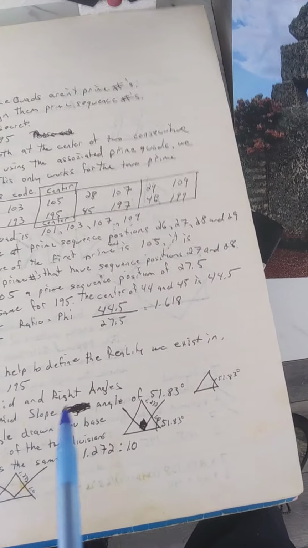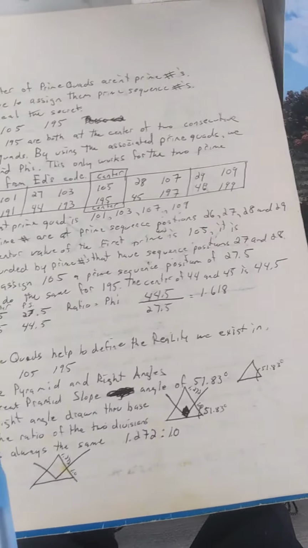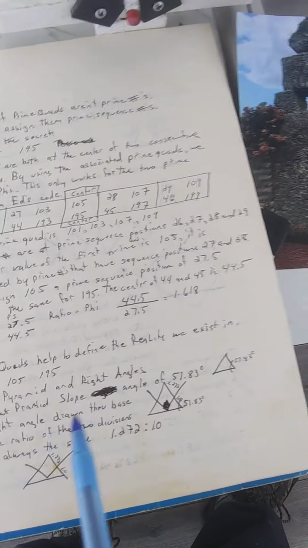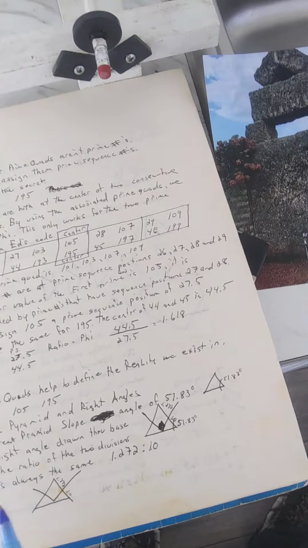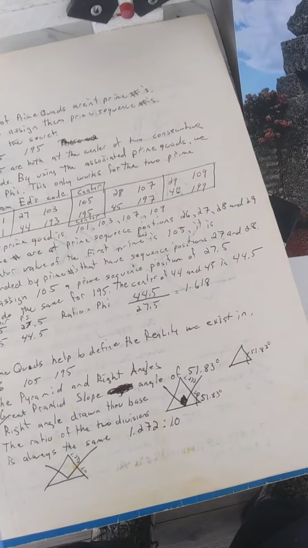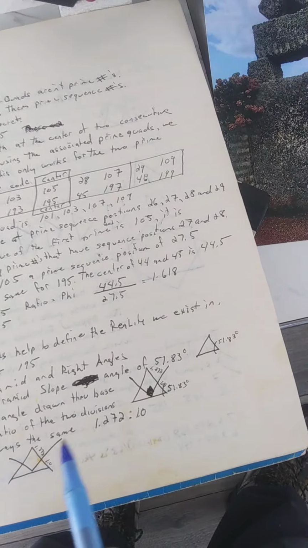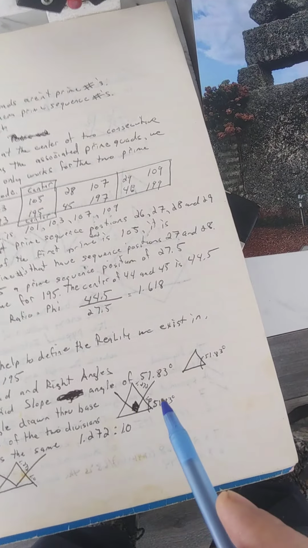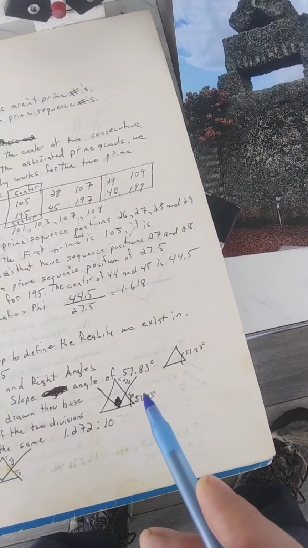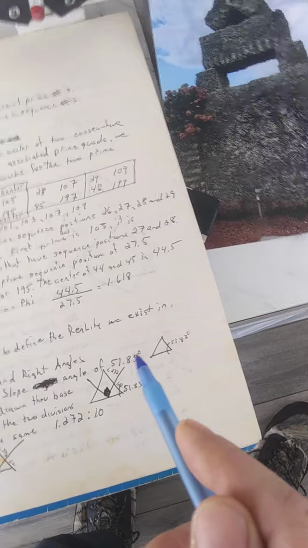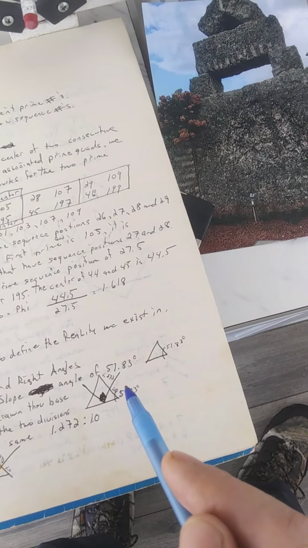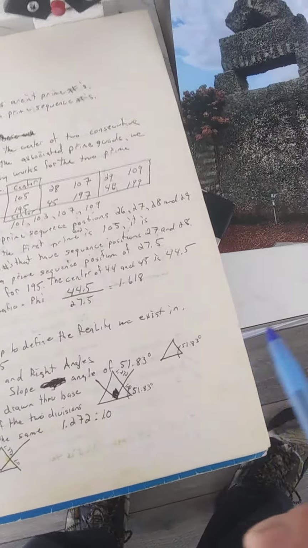Prime quads help to define the reality we exist in. 6, 105, 195. The pyramid and right angles. Okay, in this you get the great pyramidal slope angle of 51 degrees, or 51.83 degrees.